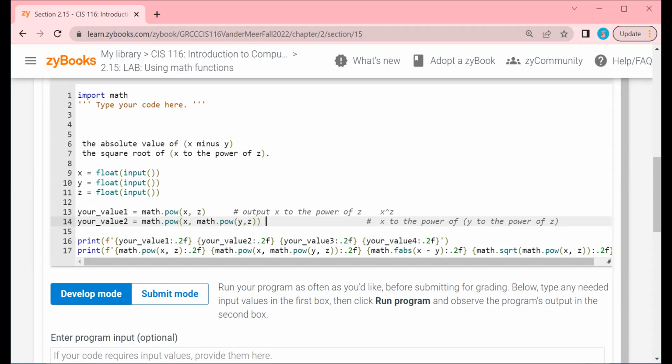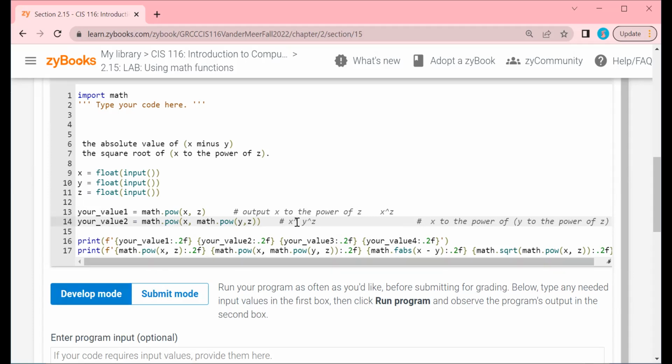And that's the same as saying x raised to, and up inside of there, it's going to be y to the power of z. I wish I could write it on paper, but I can't.